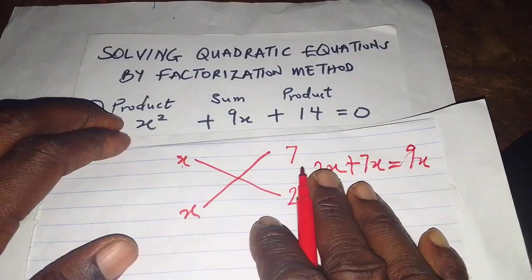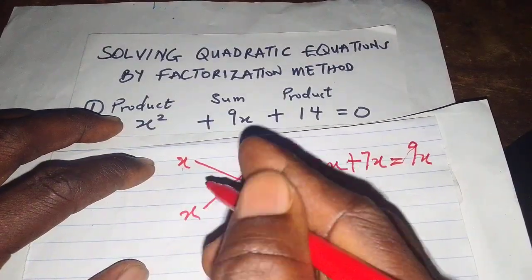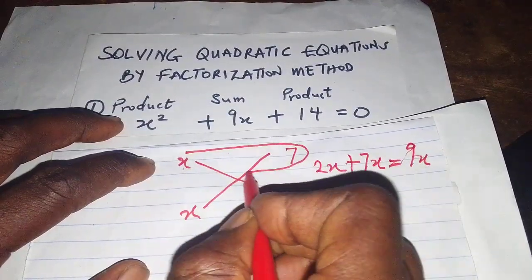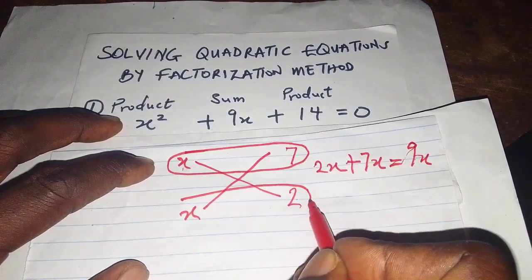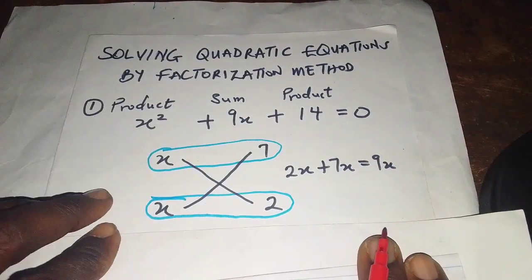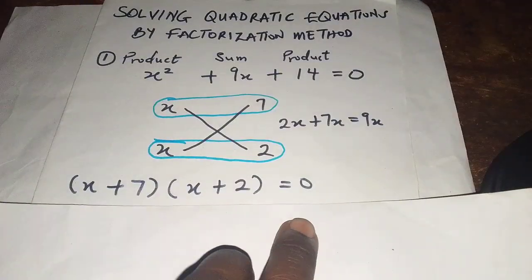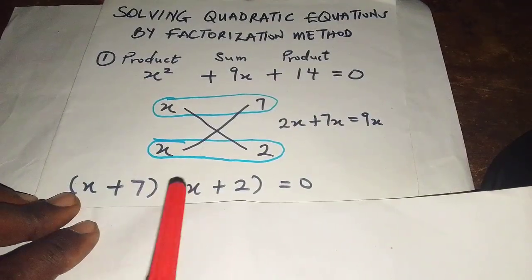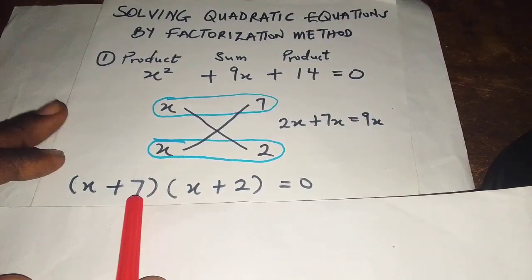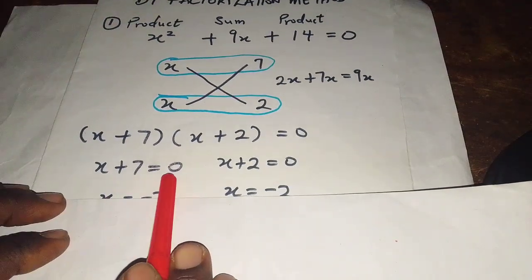So that means the factors will be what? When you are writing the factors, you write it in this way: x plus 7, x plus 2 equals 0. So from here, you now pick each of these factors and equate it to 0. x plus 7 is equal to 0.